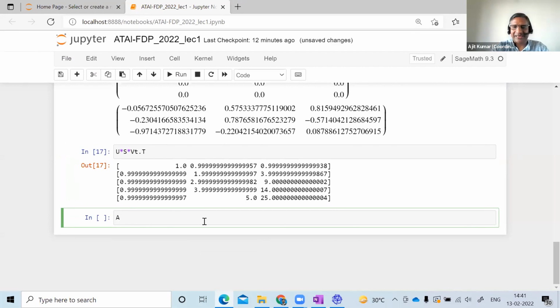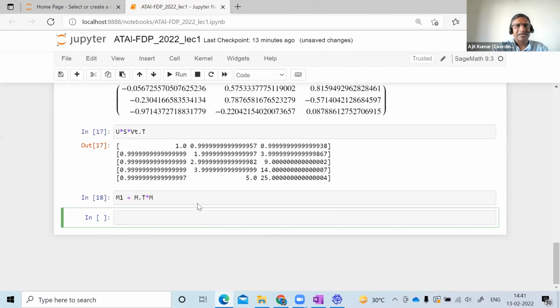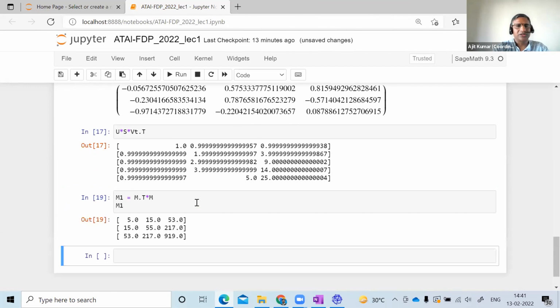If I look at A transpose times A, this is my matrix. Let me not say A, we are working with M, right? M dot T, the transpose, into M. Let us store this matrix in M1. You can see what M1 is. This is a 3 cross 3 matrix.